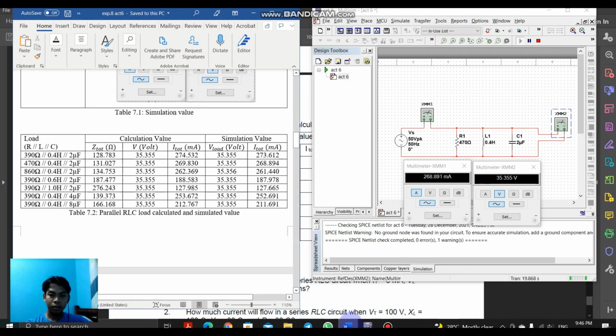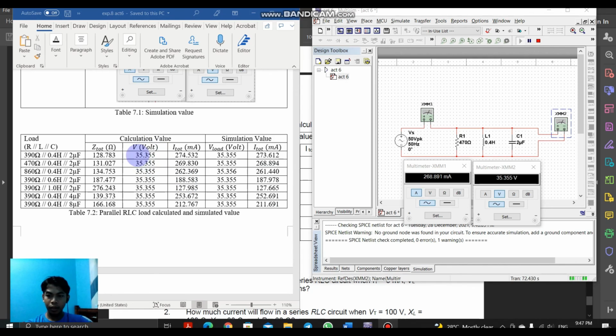And this is the full result for the simulation value, which is on the right side of the table. We can see here that for all 7 parameters for the loads R, L, and C, the voltage is the same in the simulation, 35.355, while for the current, we have a different value for each parameter.